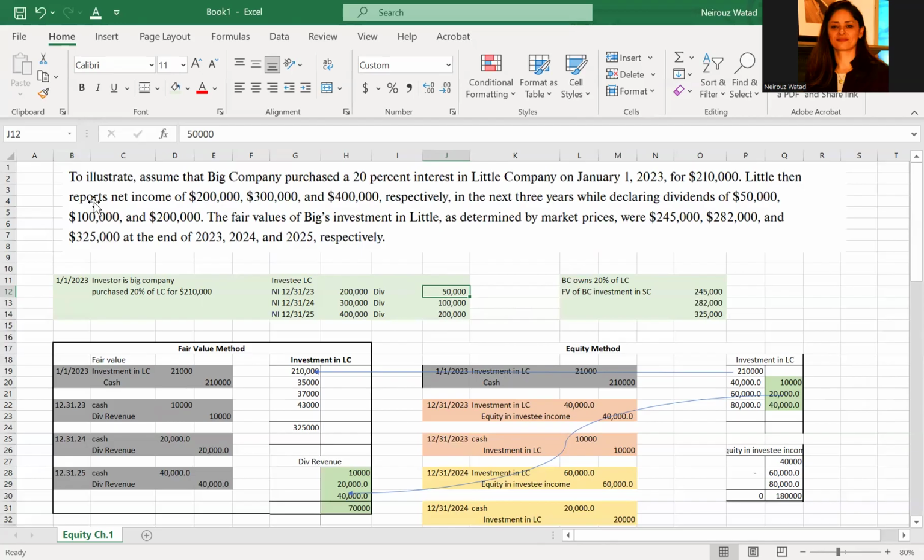So Little, where is that? Here. Declaring dividends of 50,000. So this is the dividend that the investee, Little Company, declared. But the investor will only receive 20% of the 50,000 because that's how much they own.